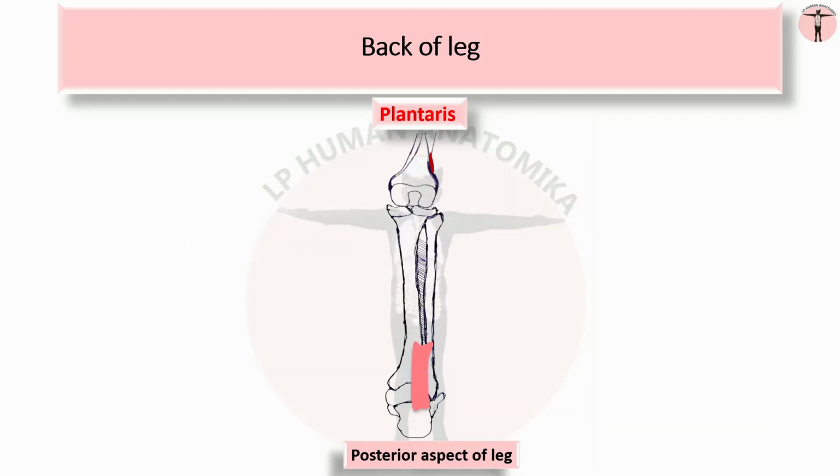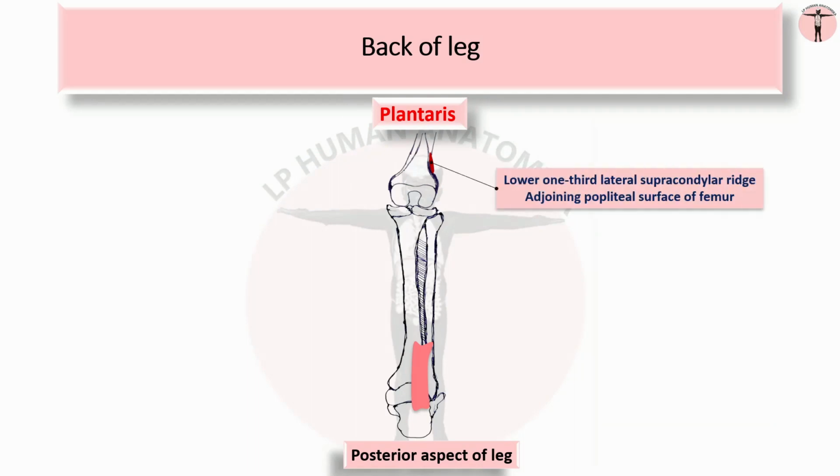Plantaris. It is a vestigial muscle. It arises from the lower 1/3 of lateral supracondylar ridge and adjoining popliteal surface of femur. It is a fusiform muscle with a small muscle belly and long tendon running under cover of lateral head of gastrocnemius.